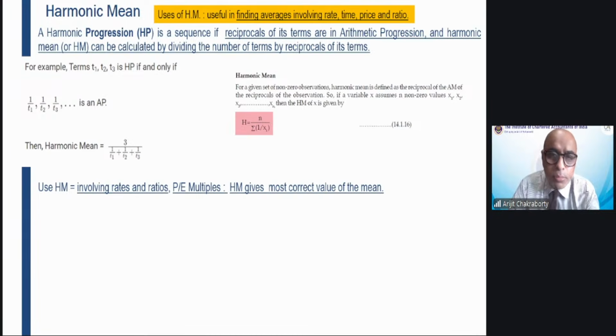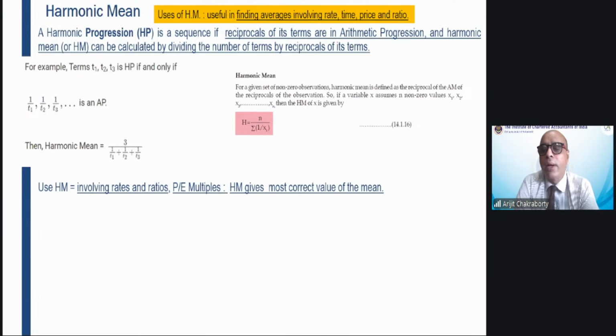So if a particular observation is zero, then the reciprocal becomes 1 by 0. Now we know 0 by 5 is 0, 0 divided by 1 is 0, but 1 divided by 0 is undefined. So therefore, to avoid this fallacy, the requirement is very simple, that a given set of observations should be non-zero. If any of them is 0, then it will not give a meaningful result.